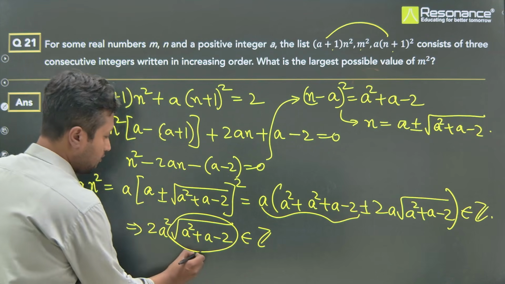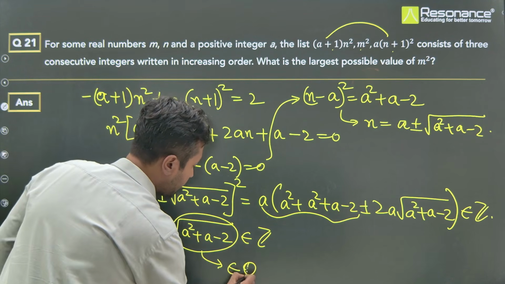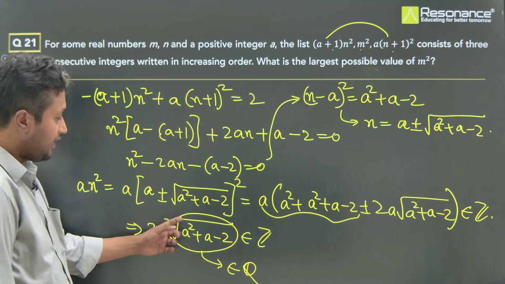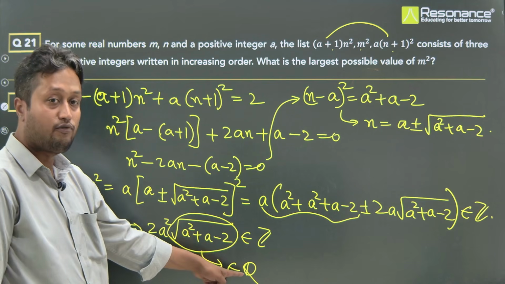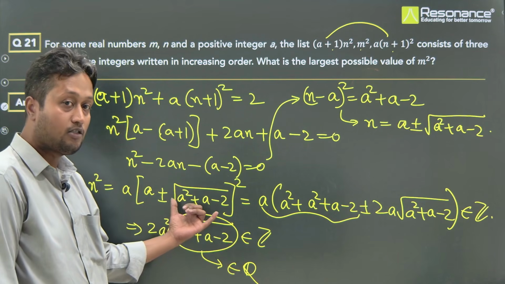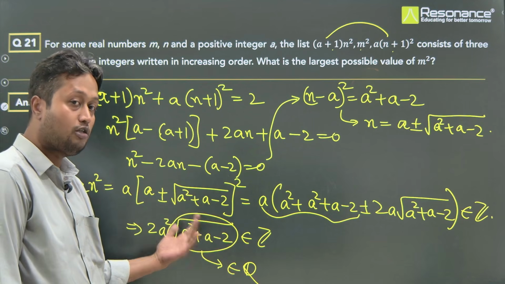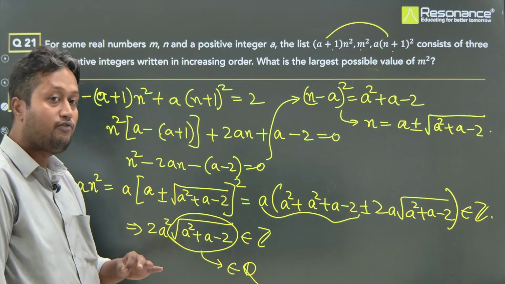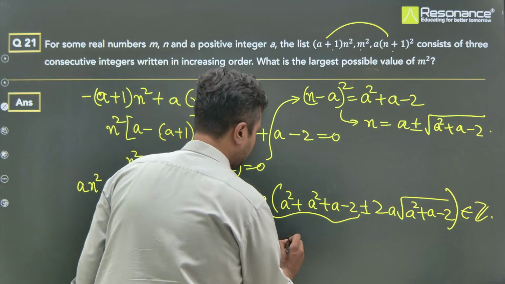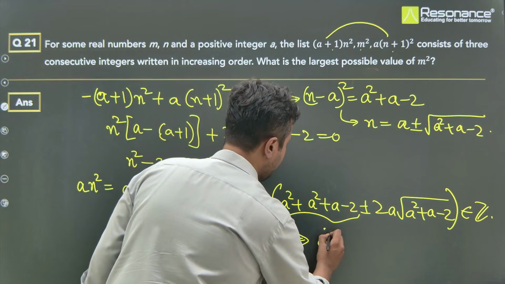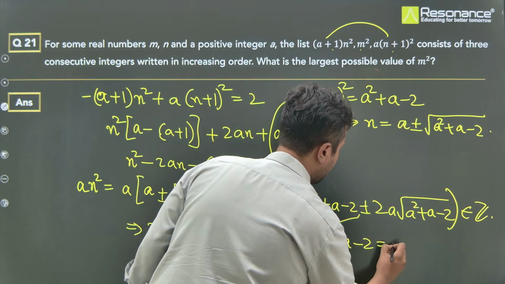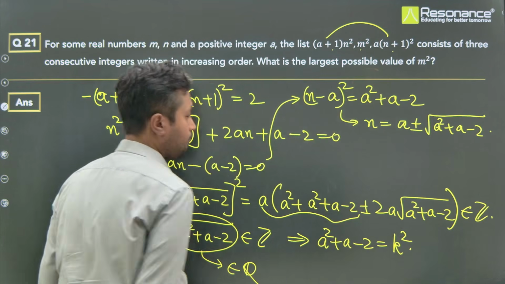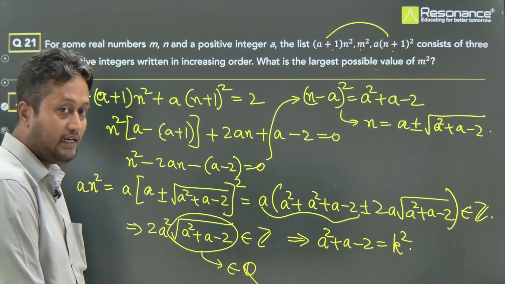Therefore, a square plus a minus 2 must be the square of a rational number, but that's an integer. The only square of a rational number which is also an integer is the square of an integer. Therefore, a square plus a minus 2 must be some k square, right? It must be the square of an integer.